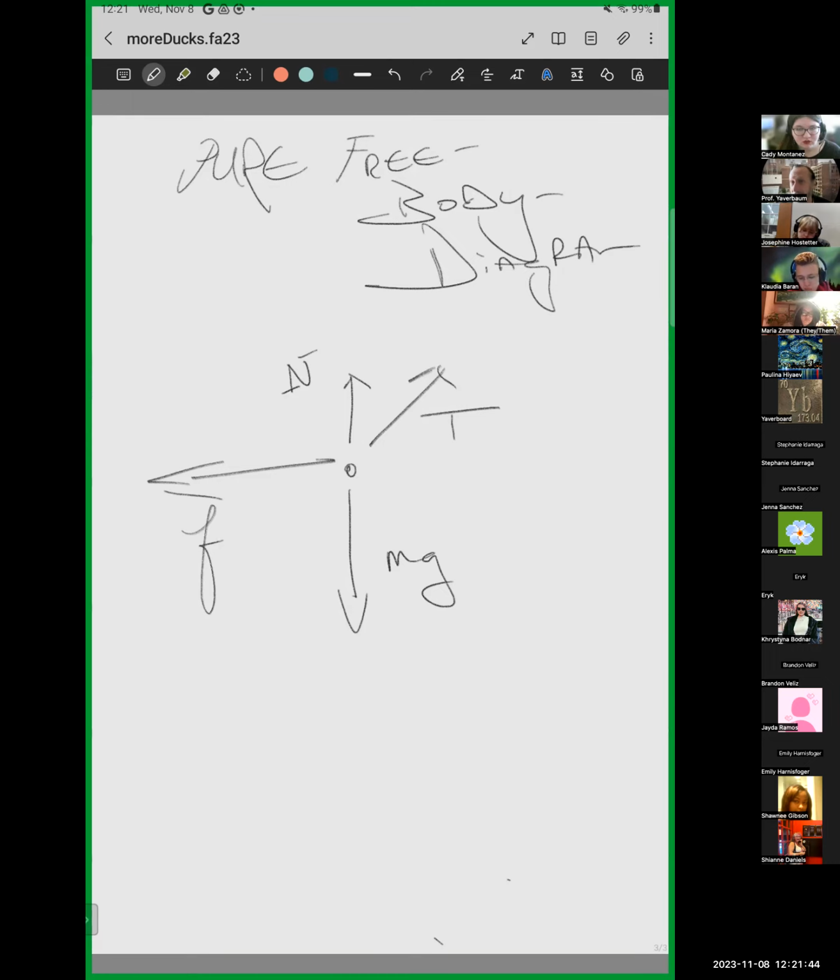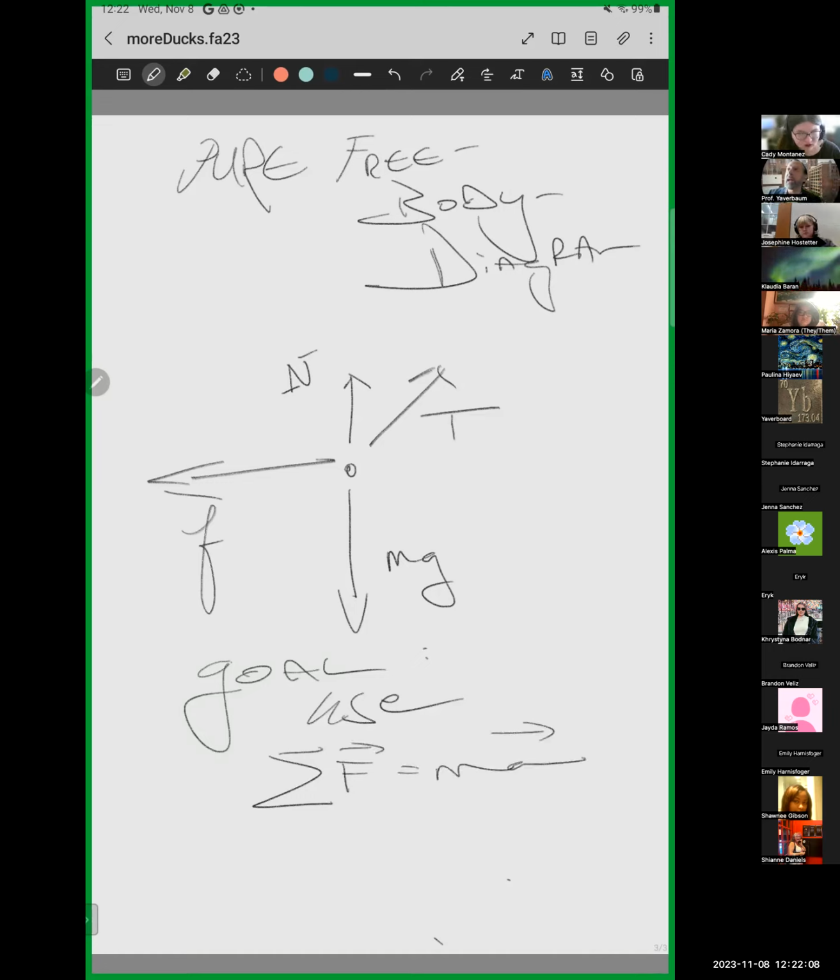What's the next step in any Newton's law problem? I'm just going to switch the screen. The next step in any Newton's law problem is that we have to choose axes. Our whole goal, the whole final method, is to use Newton's second law to compute the acceleration, right? But Newton's second law is a vector equation. I've said this before, but now this is where it comes into play.